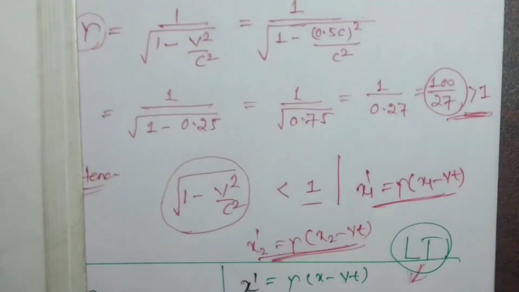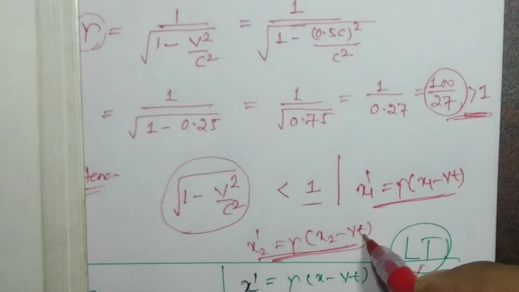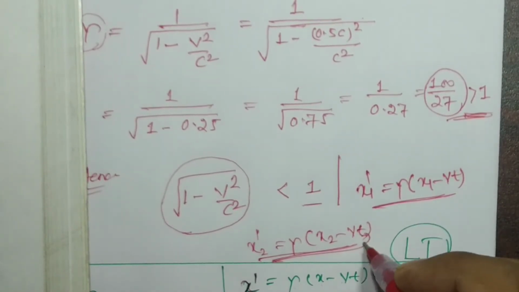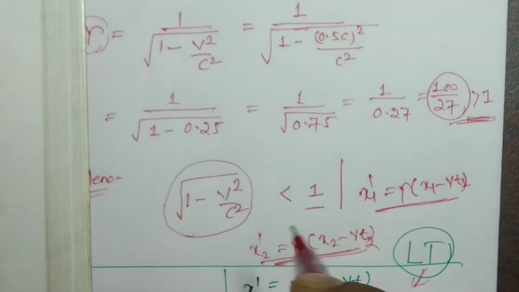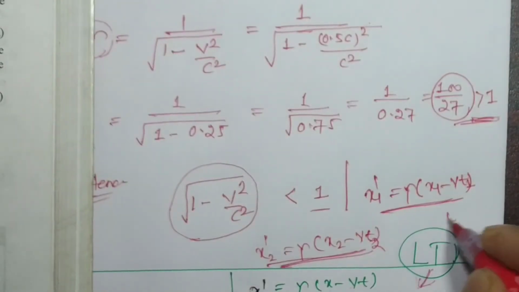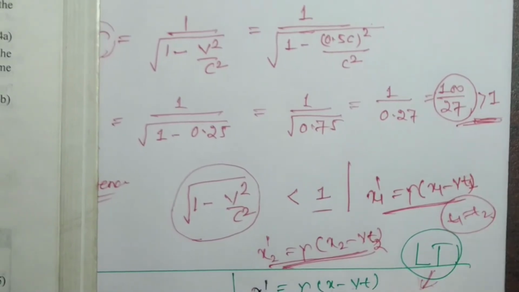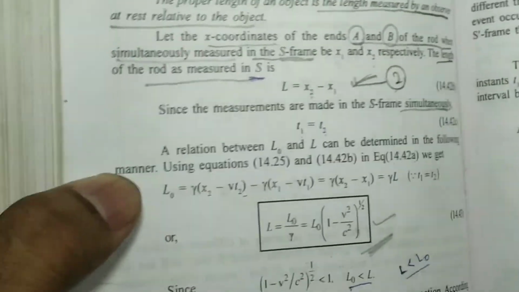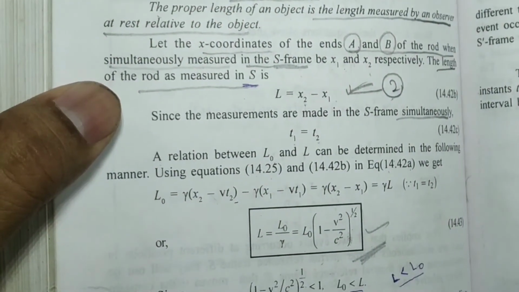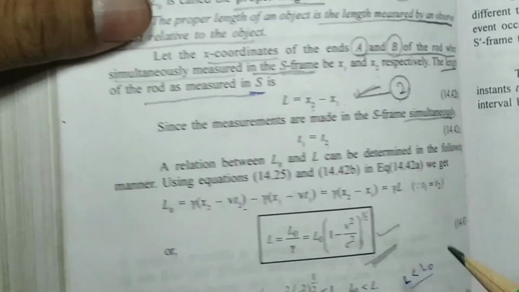Here I wrote T and T, but actually they are the same, because if you write T2 and T1, we saw that the measurement was made at a particular time, so T1 equals T2, no issue. So first we write the usual equation, whatever we have previously.